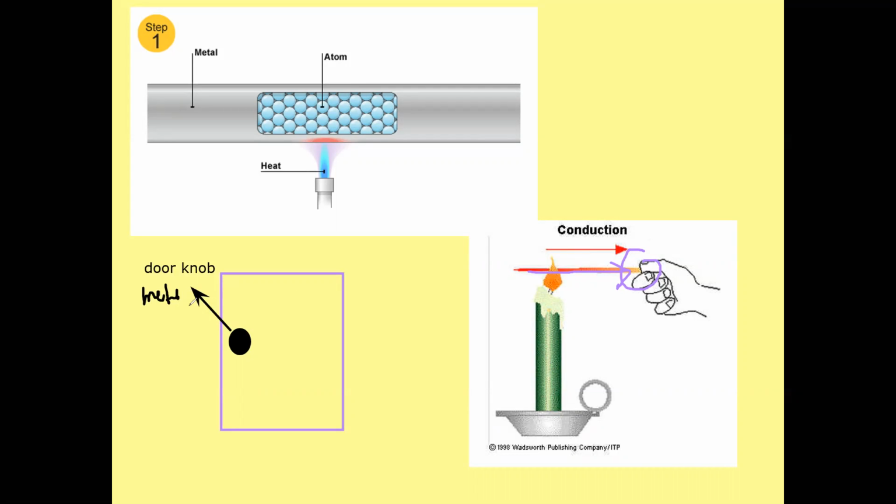The doorknob is neither hot nor cold, but what happens when you touch it? The doorknob is made of metal. Say you touch point A. Because it's made of metal, it takes energy from your body and transfers that energy into the metal.